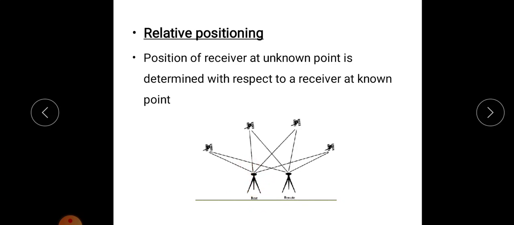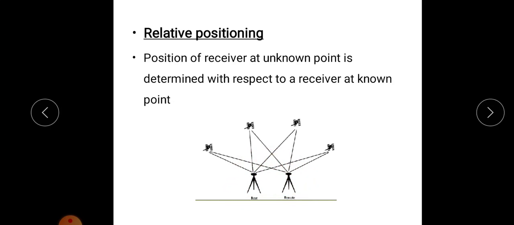I had told that the location details of this point are known and this is unknown. Using the location details of this point, we are calculating the location parameters, the latitude, longitude and altitude, of this point. So it is relative to this known point, so it is known as relative positioning.